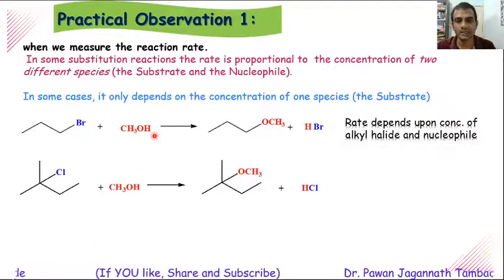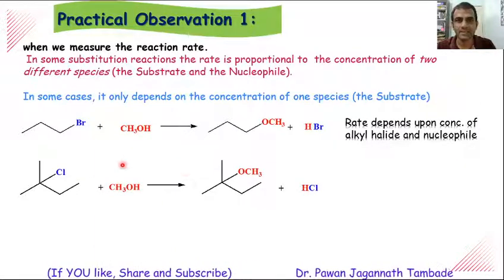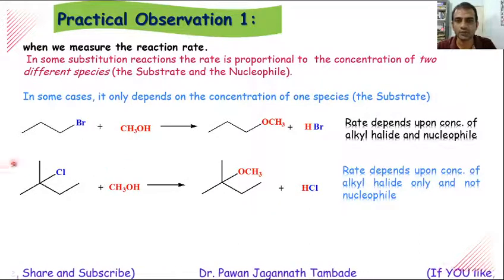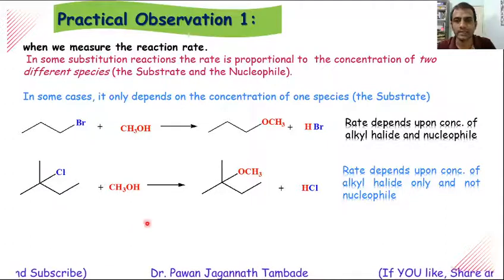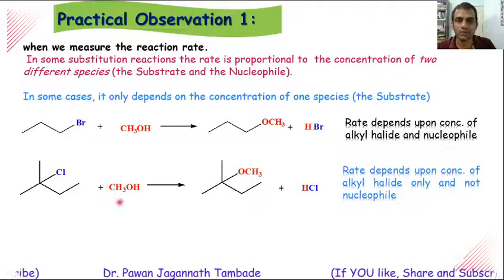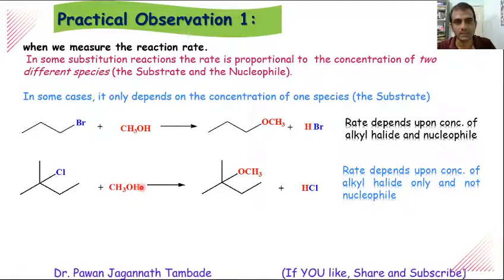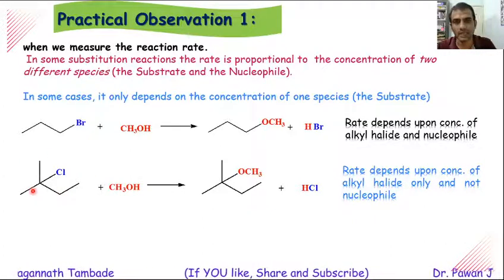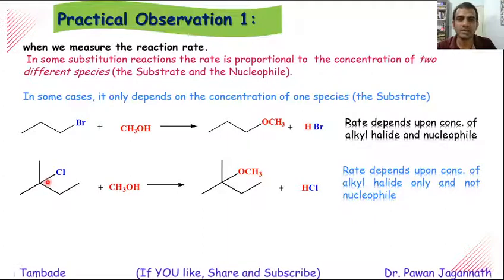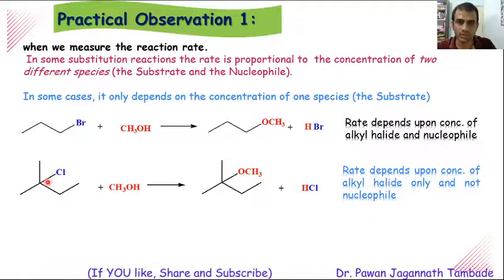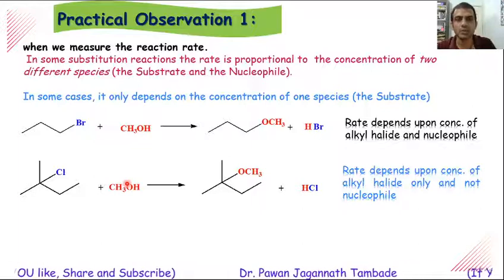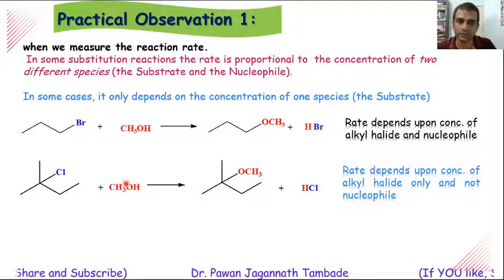However, if you look at this reaction, in this reaction it has been observed that the rate of reaction depends upon the concentration of alkyl halide only, and it is independent of the concentration of this nucleophilic species. It means when we change the concentration of this alkyl halide, a change in rate of reaction is observed. However, when we alter the concentration of methanol, there is no appreciable change in rate of reaction.